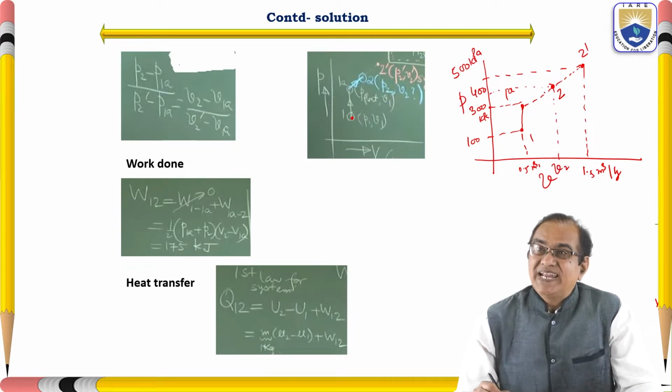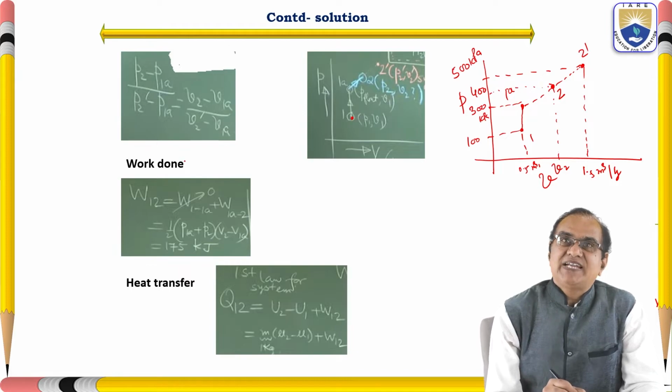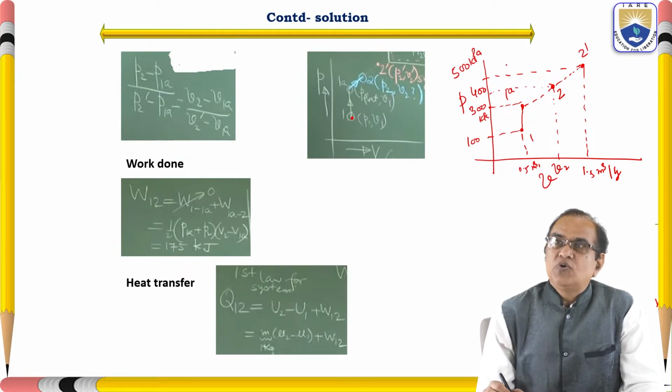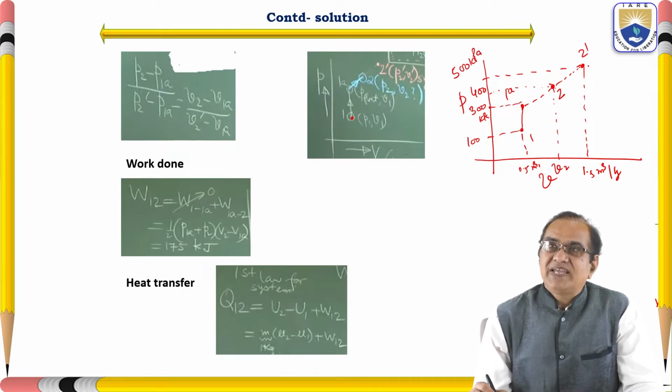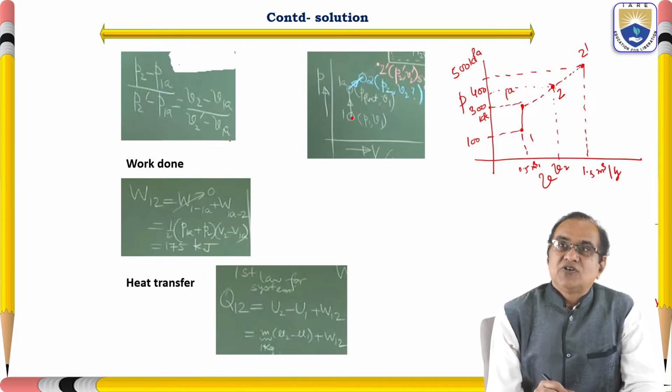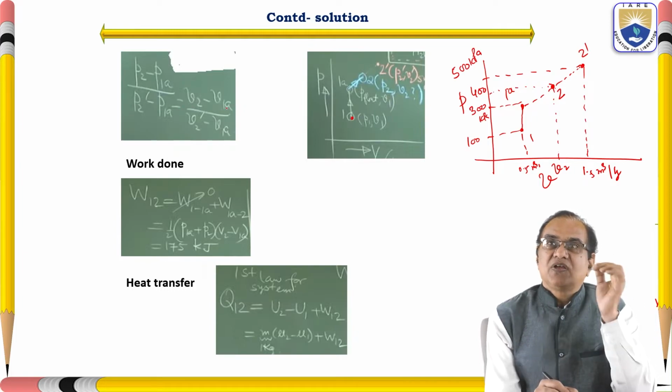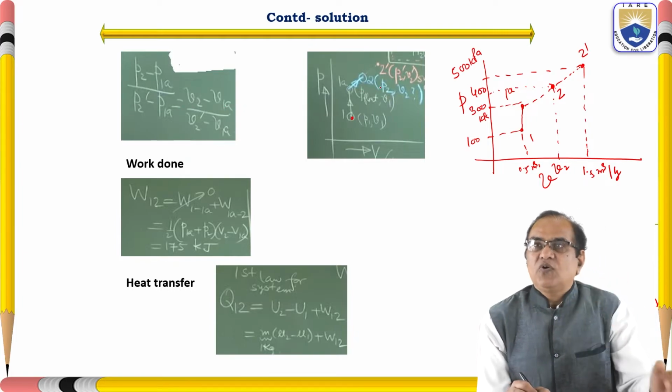So by these linear relations we can find out that (P2 minus P1A) divided by (P2 prime minus P1A) is equal to (V2 minus V1A) divided by (V2 prime minus V1A). So V1A is equal to V1.